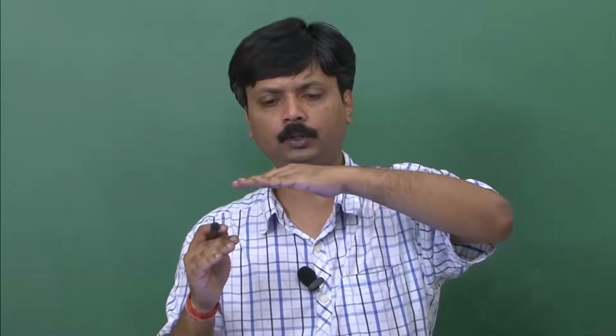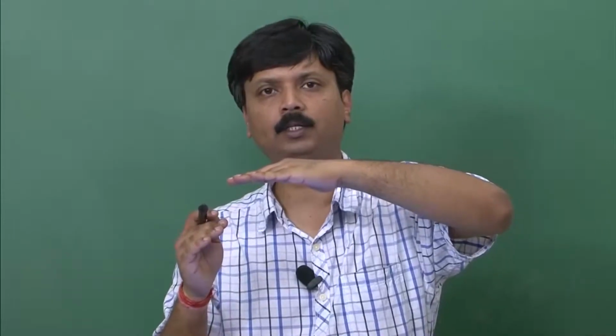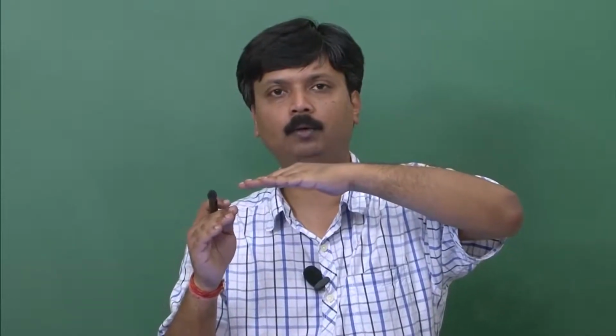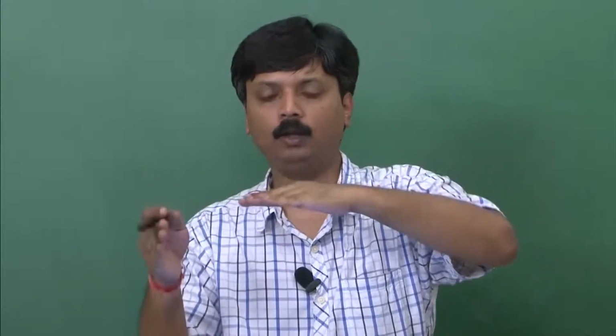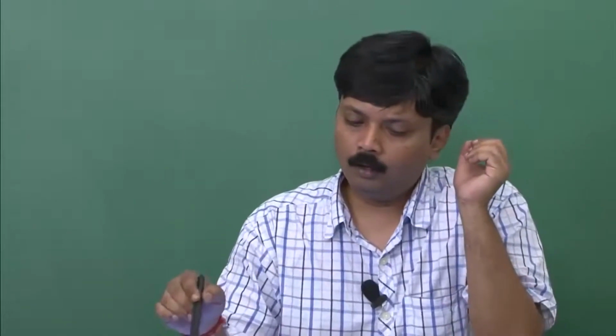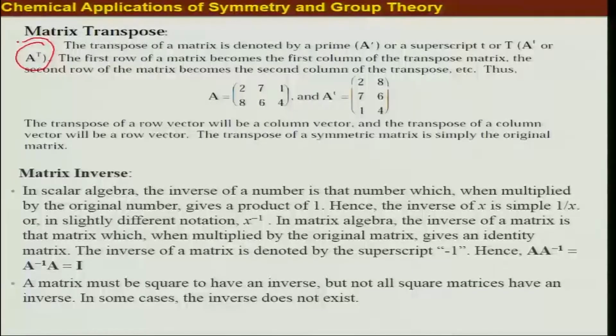When I transpose it, it will become a matrix having 2 rows and 3 columns. Here is one example where A is a matrix having 2 rows and 3 columns, and when I transpose it, it becomes 3 rows and 2 columns.